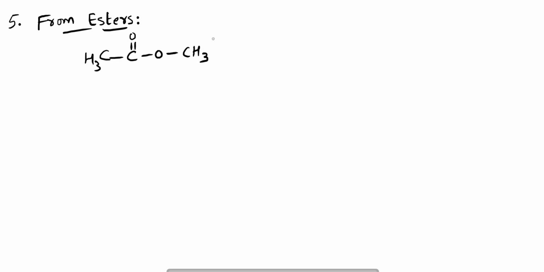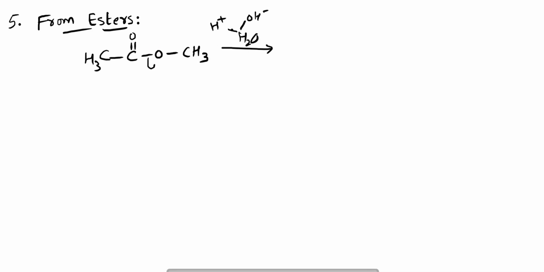Ester on reaction with water. Everywhere I am using water only, if you see this. This water breaks as H plus and OH minus. It is called hydrolysis. We call this hydrolysis only because I am using water here.